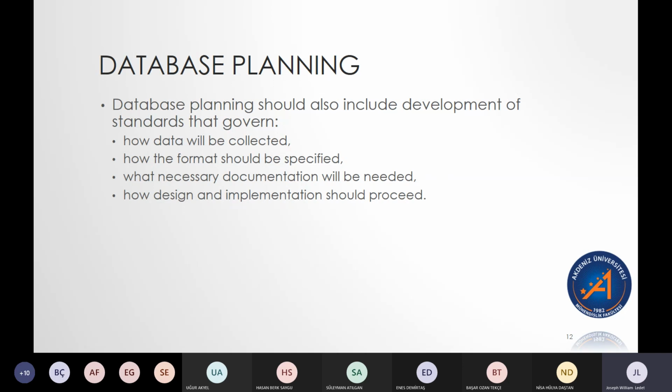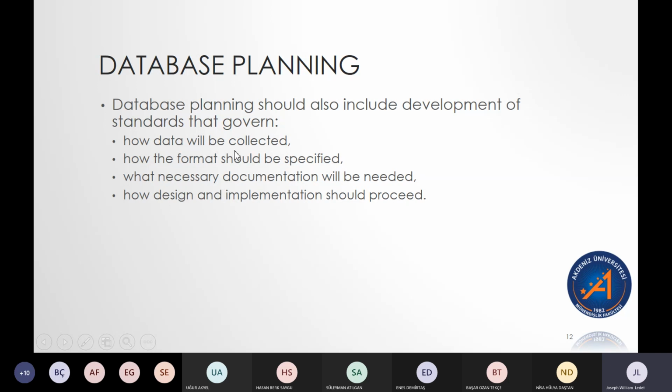Where were we? Oh, database planning, right? So we need to plan. How will we get the data? What should we get? What documentation should we get? This could be like user guides. Are we going to need a user guide for our user interface? Are we going to need an ER diagram? This is when it says what necessary documentation will be needed, this is documentation that we will create.